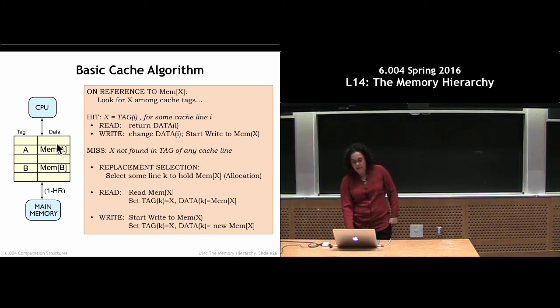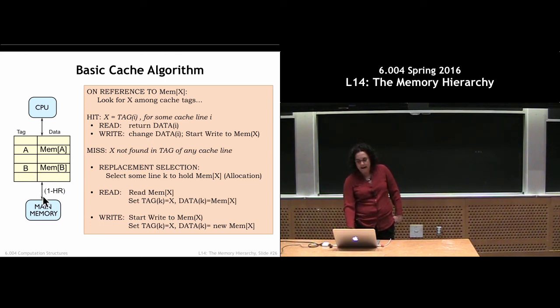So what happens when I get a miss? If I have a miss, then that means that none of my tags match the address that I'm looking for. So then I have to decide which line of my cache I'm going to bring my data into, okay? So generally our cache is full, which means that in order to bring something into my cache, I have to take something else out. So I have to pick what's the item that I'm going to take out. That's what we refer to by this replacement strategy, which again we'll get into in more detail.